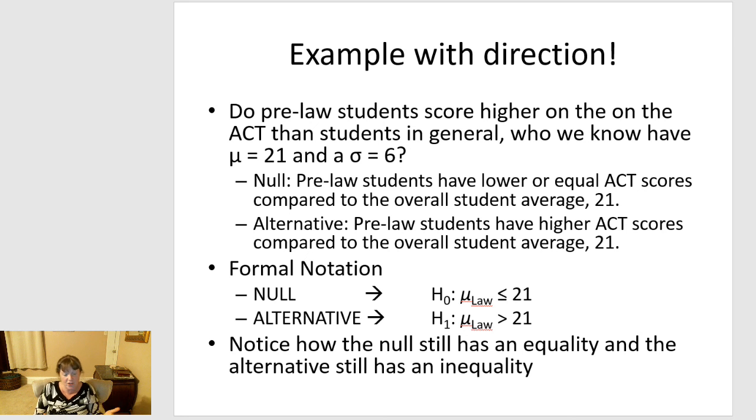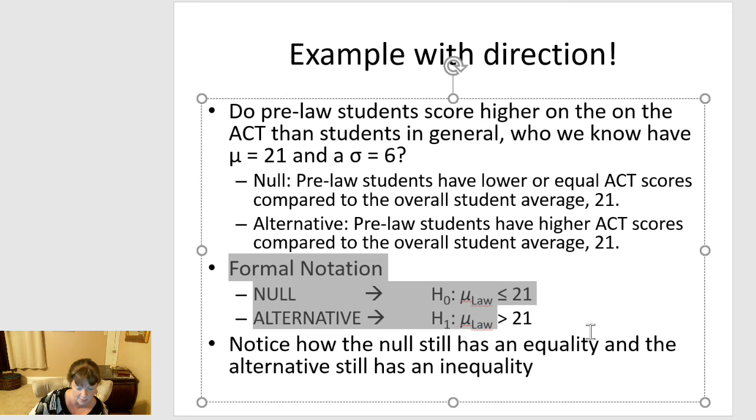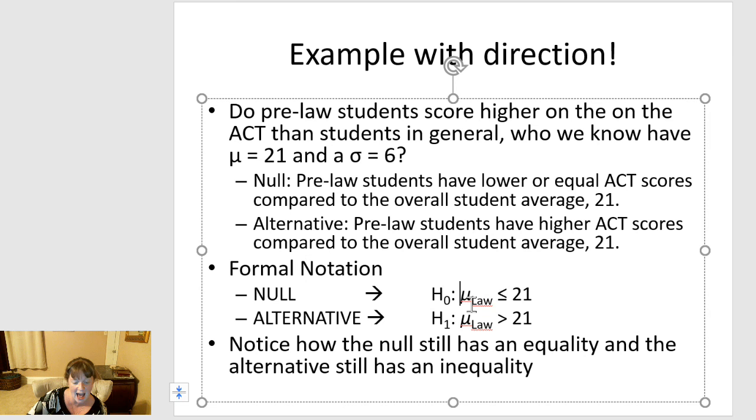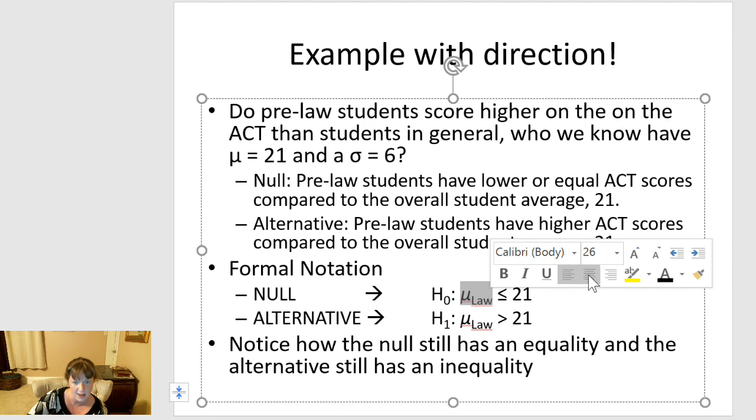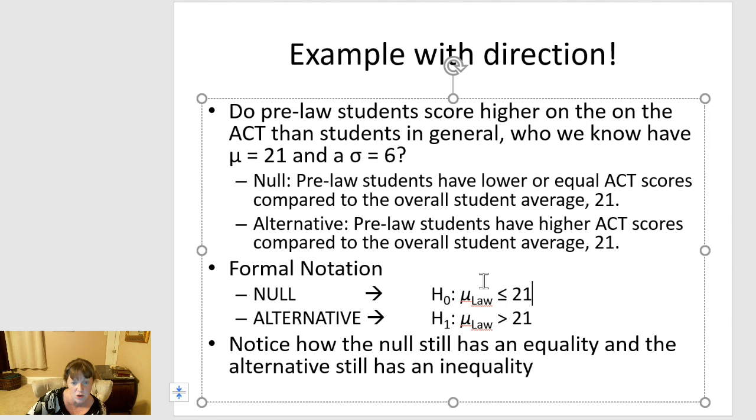Because my awesome alternative, as the lawyer, I think that they're actually better, that they're higher. And so here becomes the formal notation. The null hypothesis, H sub 0, is that the average for law students is less than or equal to 21, because that's the opposite of what I really think is going on as this lawyer, that mu law students is greater than 21.